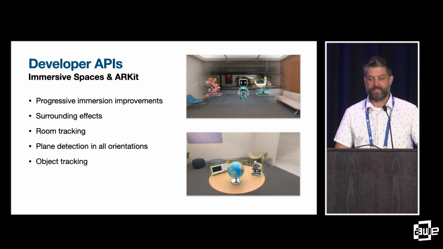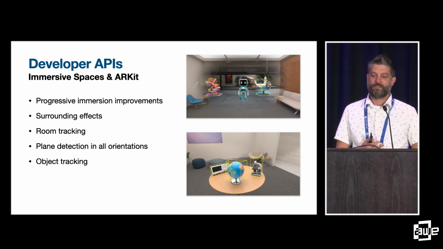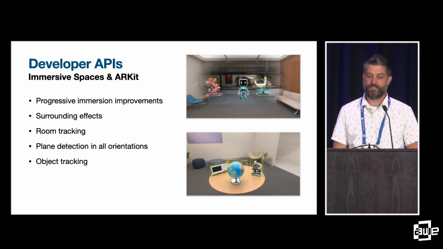And object tracking is some new APIs for ARKit. What you do is, with the help of CoreML, you train a model to recognize a 3D object, and then RealityKit will recognize that object, and you can attach different entities to it in 3D space.